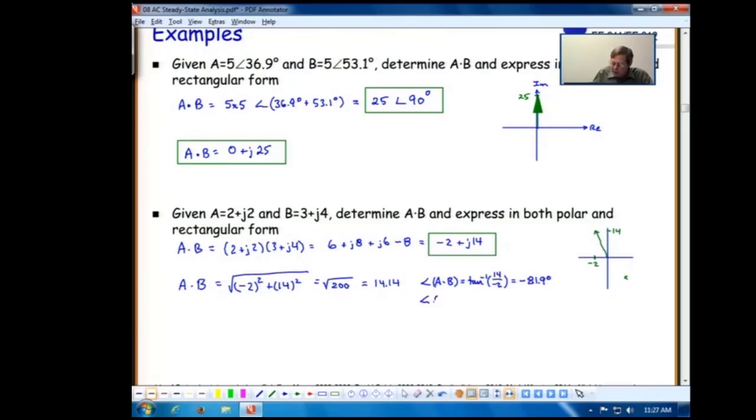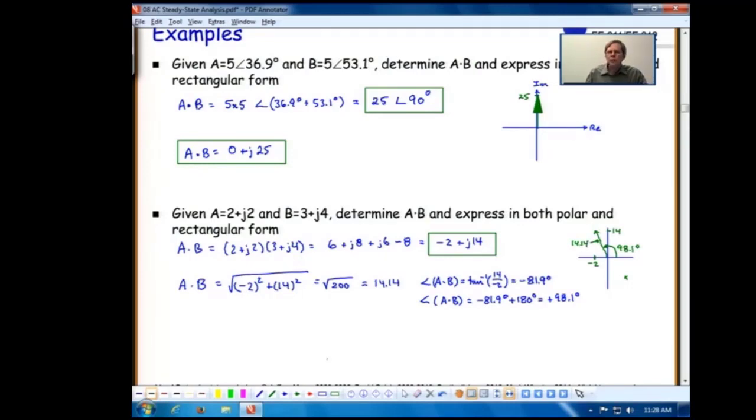So angle of A times B is minus 81.9 degrees plus 180, which is plus 98.1 degrees. So we have our angle here of 98.1, and we have our magnitude of 14.14.